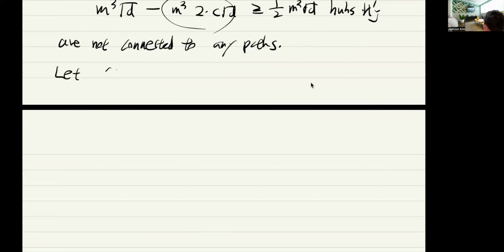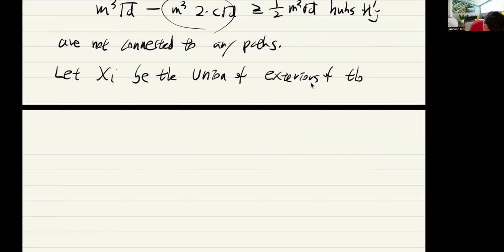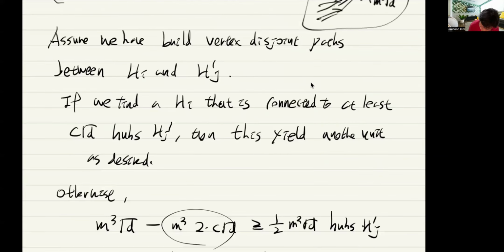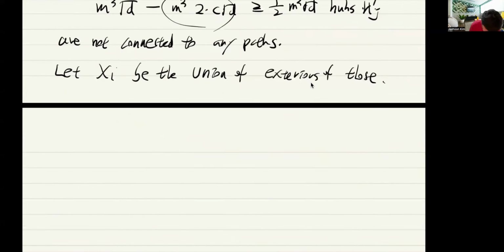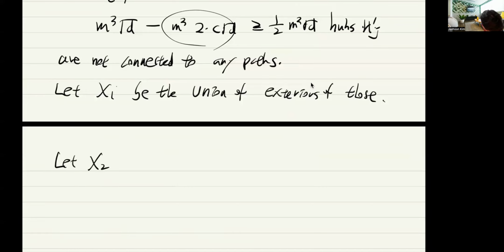And let x1 be the union of exteriors of those things. So let's say you have another one here, and these are x1. And let x2 be the set of exteriors of h1.